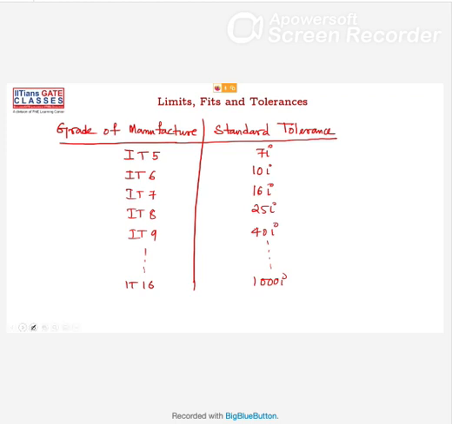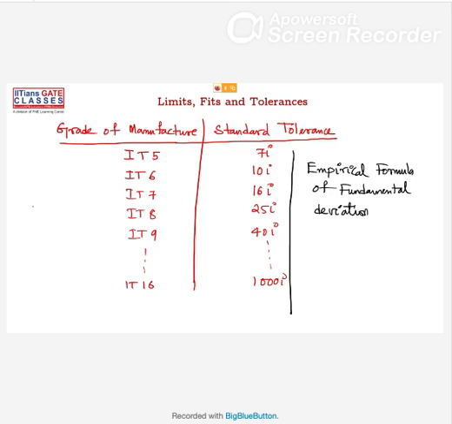So let me write that also, here. The empirical formula of fundamental deviation is like this.